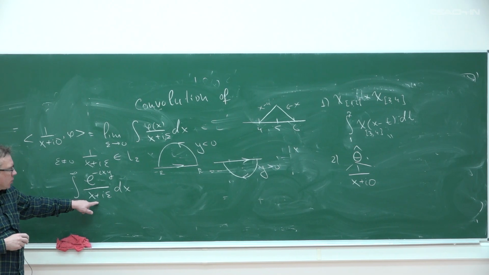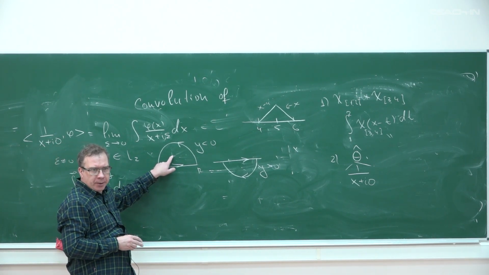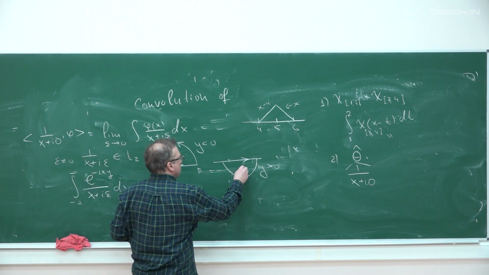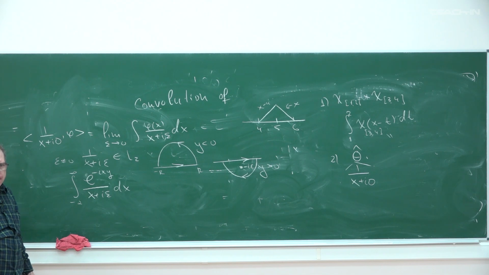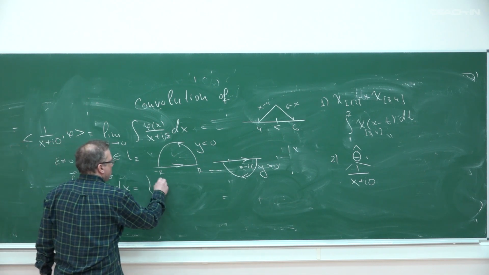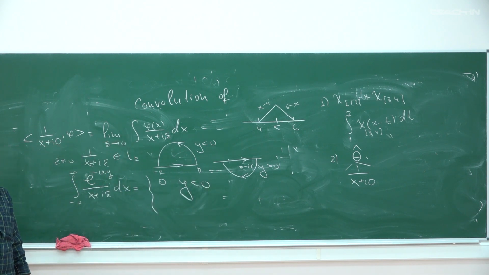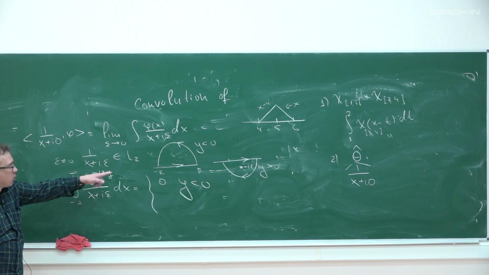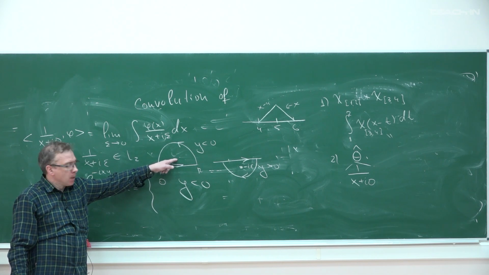Our residue is at minus i epsilon. Here there are no residues, and here we have the residue at minus i epsilon. So the integral equals 0 if y is negative, because we have no singularity of the function here.